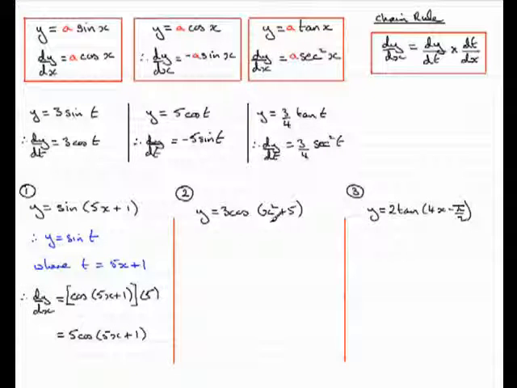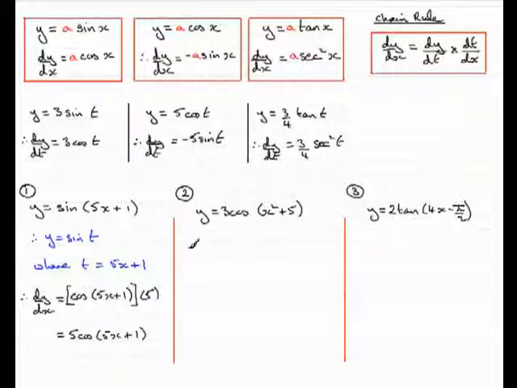In this one, we've got 3 cos of x squared plus 5, but what we've got here is not a single letter. It's not an x or a t. So what we do is we create a single letter here.